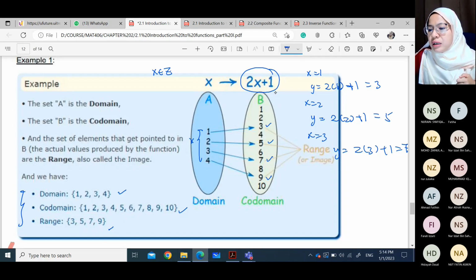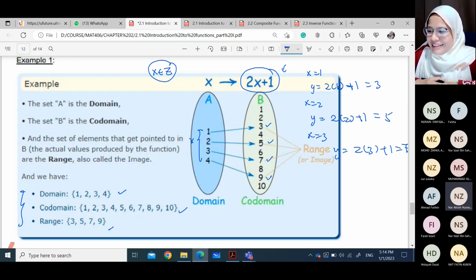And then untuk range dekat sini, ia bergantung kepada relation yang diberikan. Contoh kat sini relation dia adalah 2x plus 1. So maknanya dekat sini, nombor-nombor yang kita pilih daripada integer ni, kita masukkan ke dalam relation and then kita akan dapat nilai. So nilai yang kita dapat tu kita panggil sebagai range ataupun image. Okay?